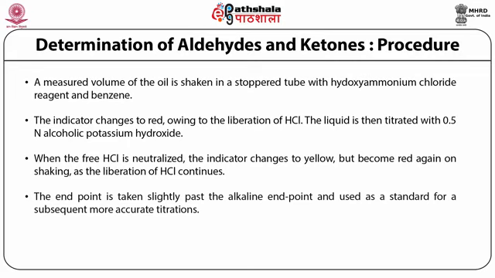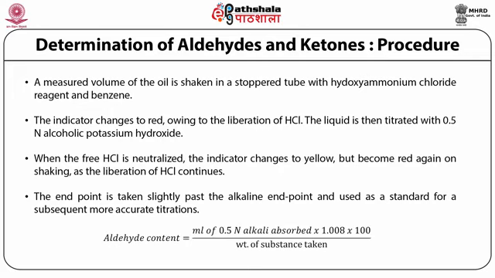The endpoint is taken slightly past the alkaline endpoint and used as a standard for subsequent more accurate titrations. Aldehyde content is determined by the ml of 0.5 normal alkali absorbed multiplied by 1.008 multiplied by 100 divided by the weight of the substance taken.